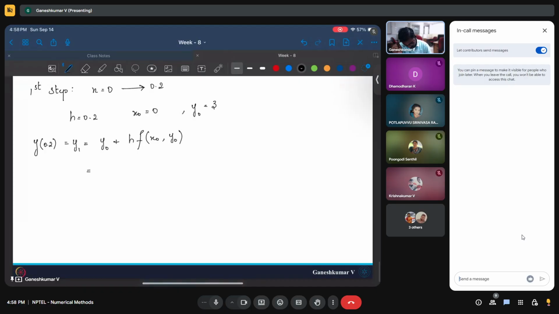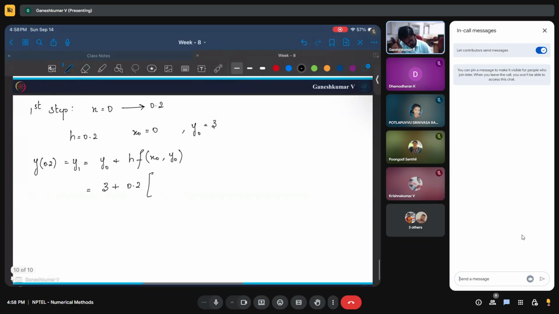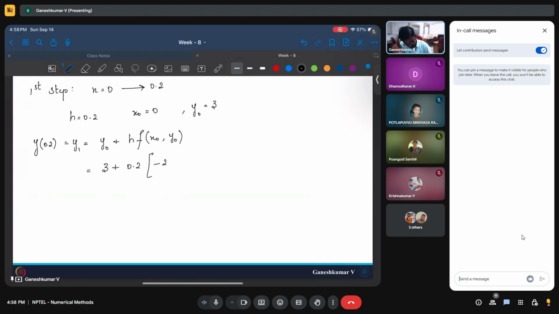Y naught is 3, h is 0.2, and the function f of x y is minus 2y minus cos 4x. So this will be minus 2y naught minus cos 4 x naught.